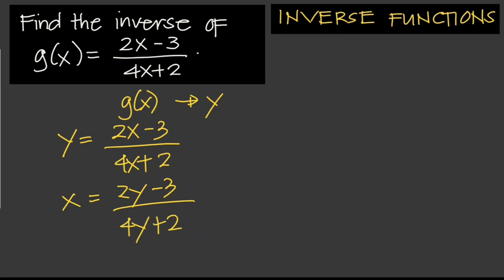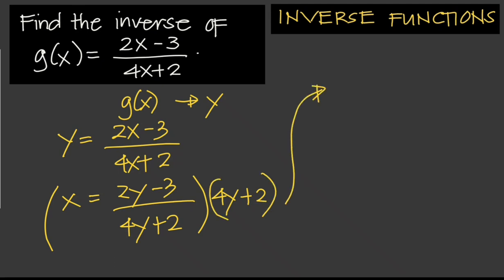Then we multiply both sides by 4y plus 2 to get rid of the denominator. So this would become 4y plus 2 times x equals 2y minus 3.